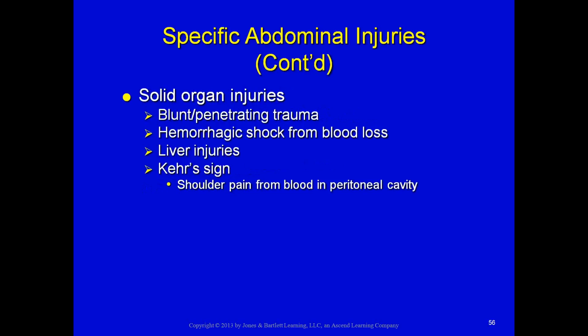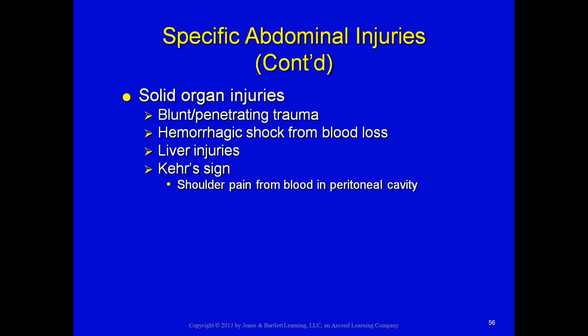And during a rapid deceleration, the liver rolls forward against that ligament, and it acts like a cheese slicer and slices the liver open. The ligamentum teres that holds the liver in place actually is a remnant of the umbilical cord.